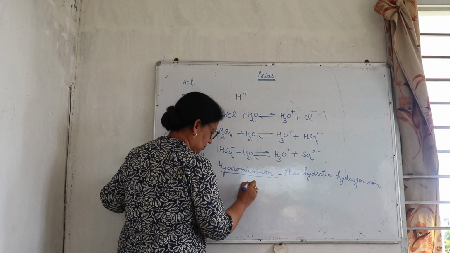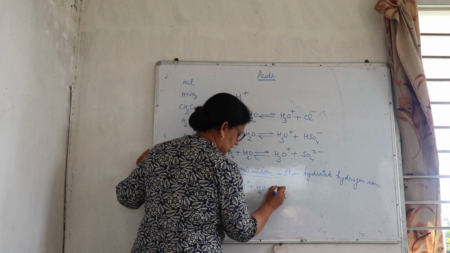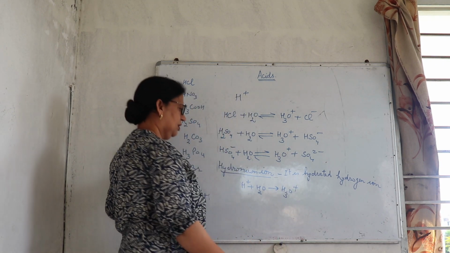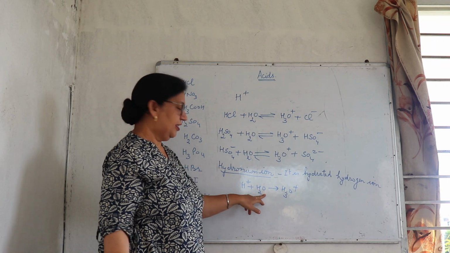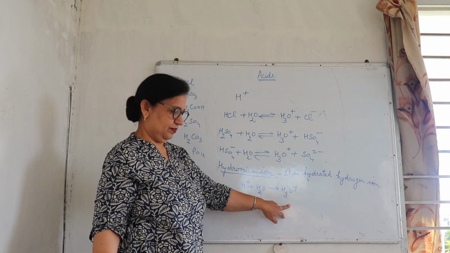Hydrogen ion plus water gives hydronium ion. So hydronium ion is hydrated hydrogen ion.